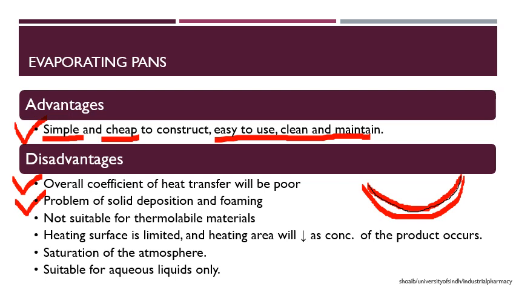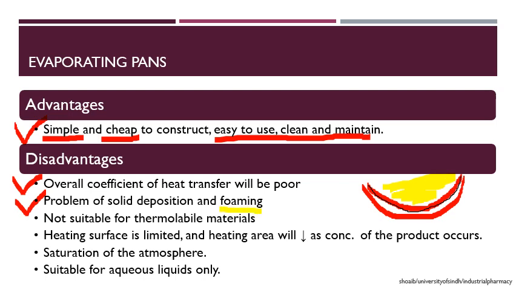Of course, this will also decrease the coefficient of heat transfer to the remaining liquid present in this area. The more the deposition of solids, the more the difficulty in the transfer of heat. And of course, if the substance is boiling, there is also the chance of foaming.